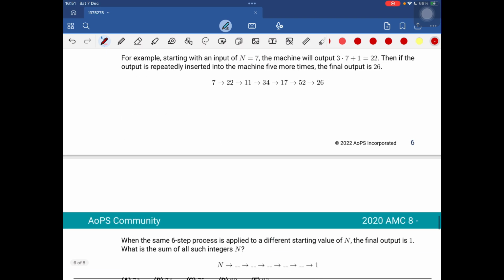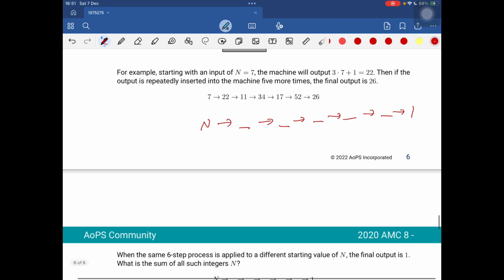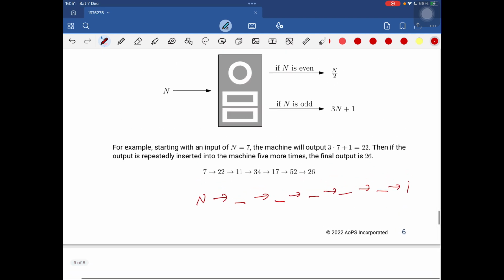So, okay, n, and so on, 1. 1, 2, 3, 4, 5. Okay. So this is 1. So let's go like reverse.